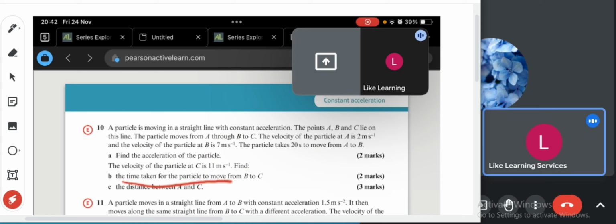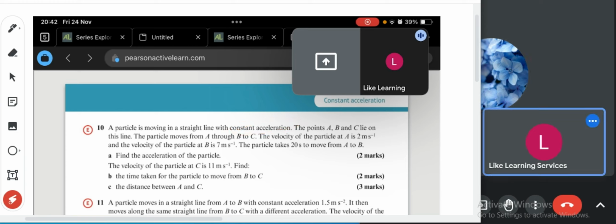Find the time taken for the particle to move from B to C. So now B becomes the initial and C becomes the final. Do you understand? Constant acceleration, so the acceleration is the same. Okay, so you use your answer from that.